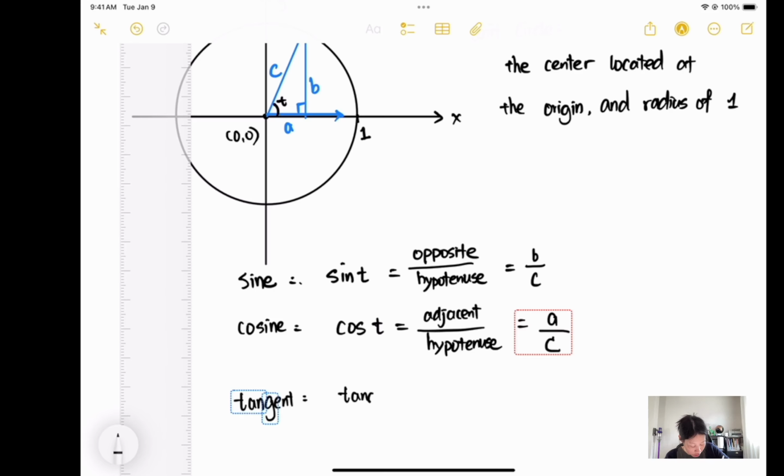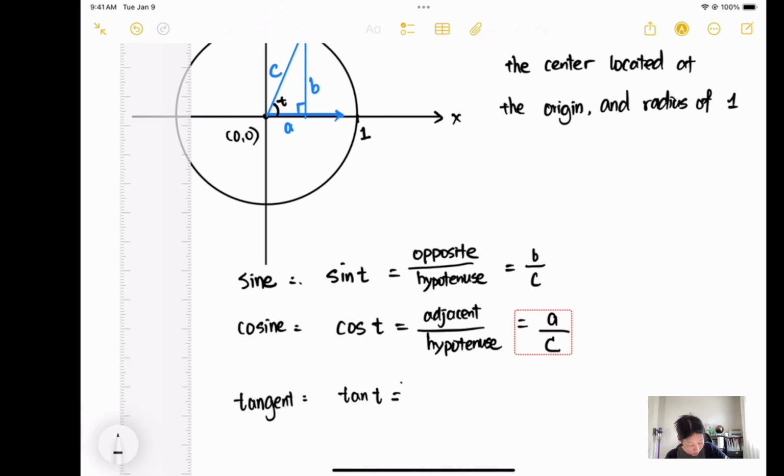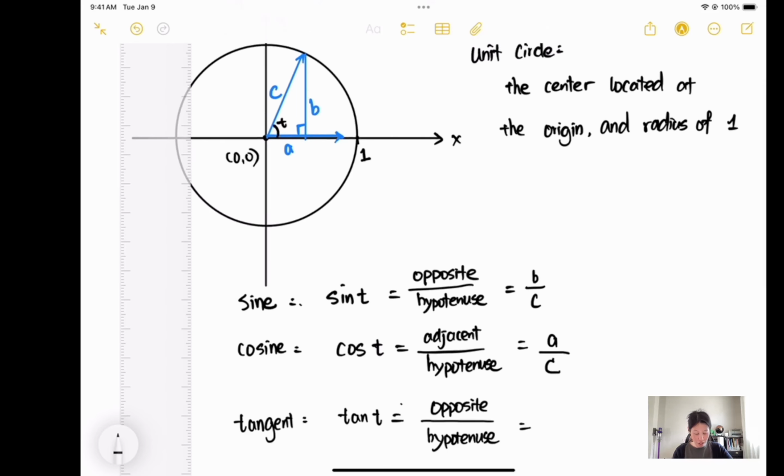We use tan. Tangent t is equal to the opposite side over the adjacent side, which is B over A, since the opposite side of t is B and the adjacent side is A. So here is the definition of the trigonometric functions.